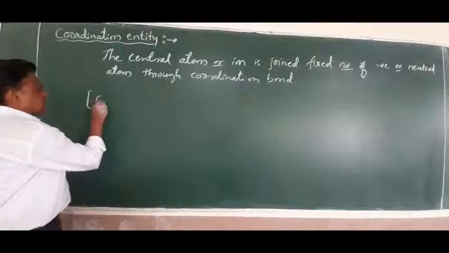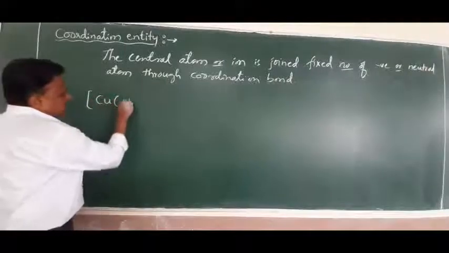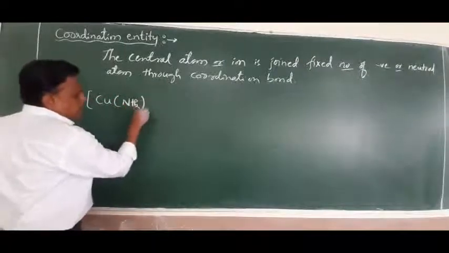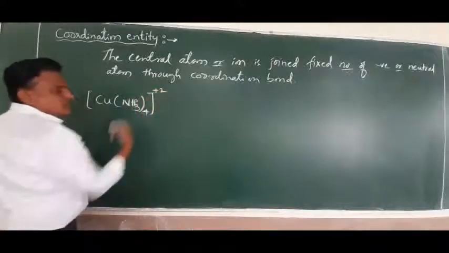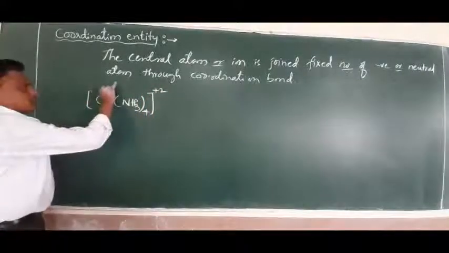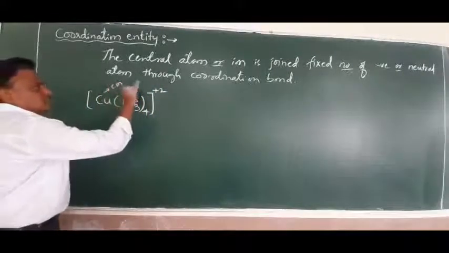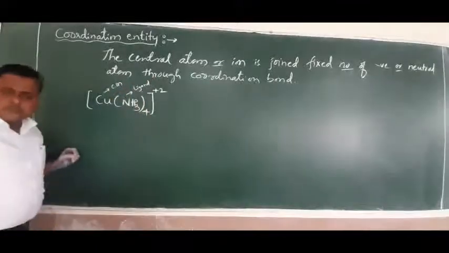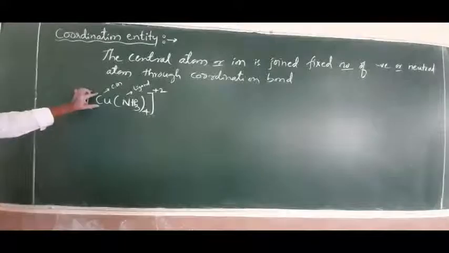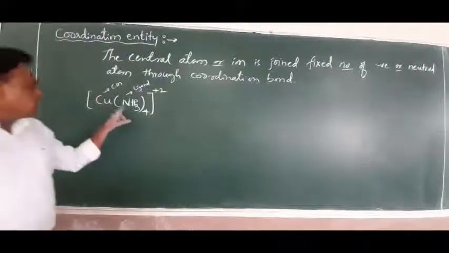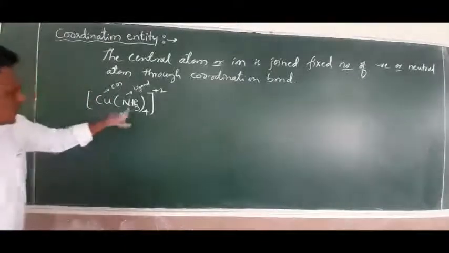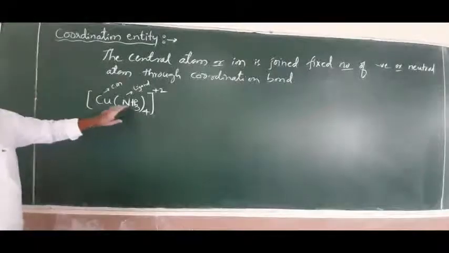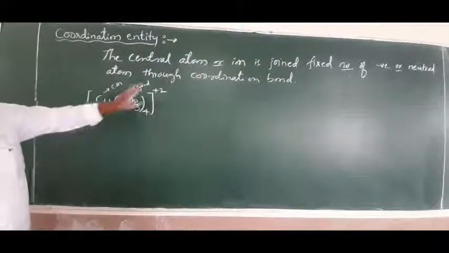Yes, this compound is Cu(NH3)4 with a 2+ charge. In this complex, this is the central metal and this is the ligand, which is neutral. A central metal atom or ion joined to a fixed number of negative or neutral atoms, called ligands, through coordinate bonds is known as a coordination entity.